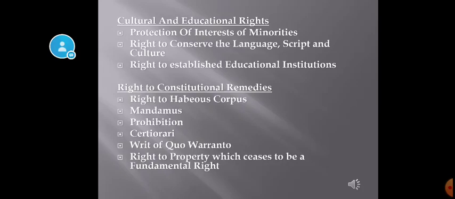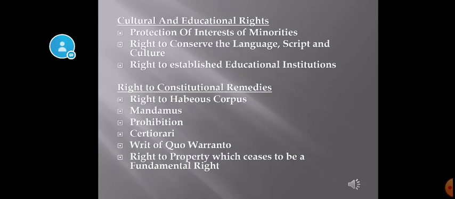The Supreme Court and the High Court issue this writ to a person who detained another in authority and command him to bring the person to the court and tell the time and the cause of the arrest. If the cause is insufficient, he is at once unconditionally released.